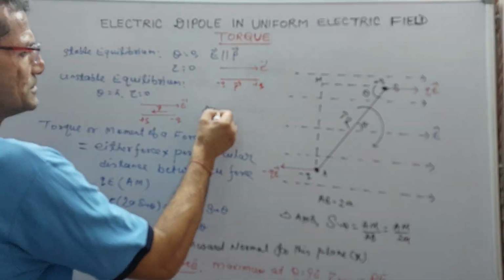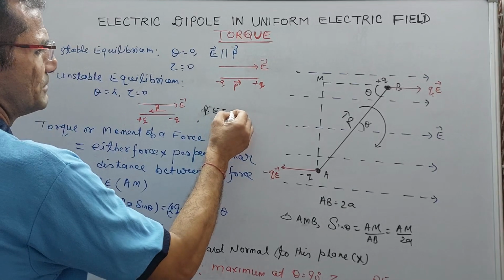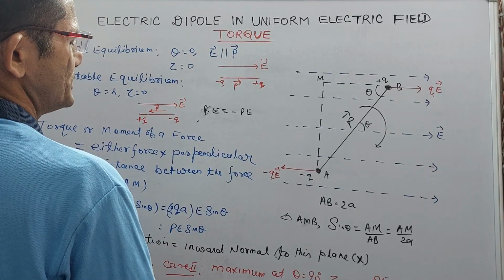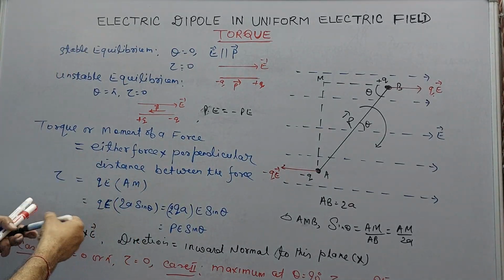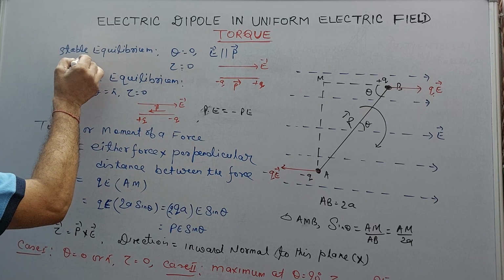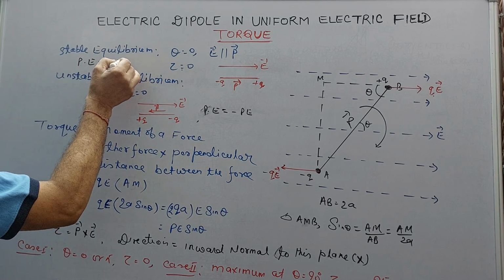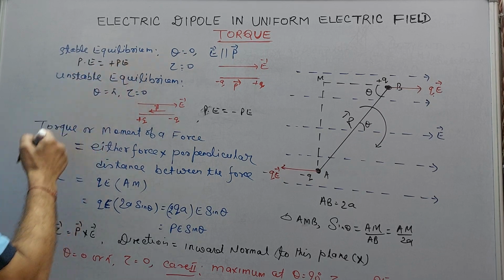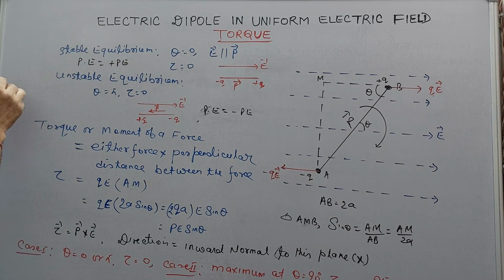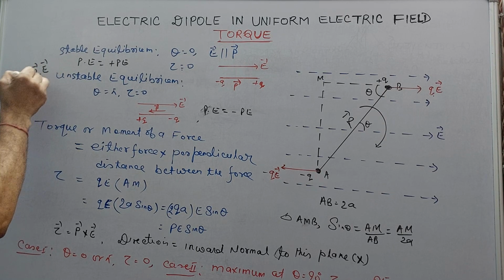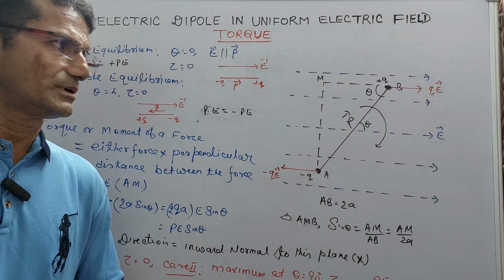In the stable equilibrium it will be minus pE, which is negative, and in the unstable equilibrium the potential energy will be plus pE. This is the maximum potential energy. The formula for the potential energy is U equals minus p dot E. We will discuss this in a later part.